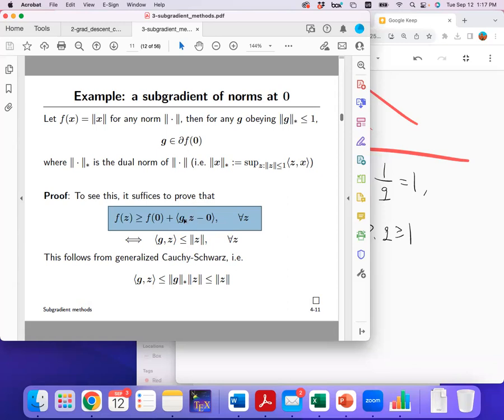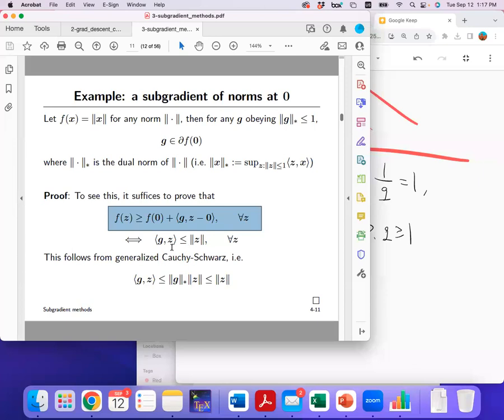If you rearrange this inequality, f(0), this is a norm, is simply 0. And then this is a dot product. f(z) is simply the norm of z. Just plug it in.